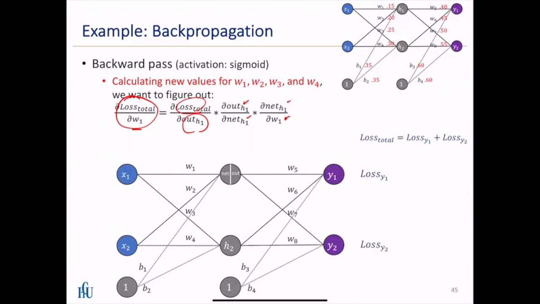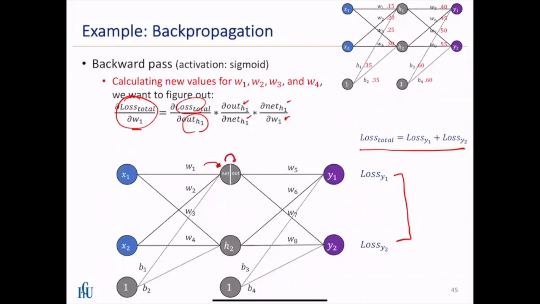The same is represented in terms of the diagram in this way. Initially we came up with the total loss, and total loss is the aggregation of these two individual errors. W1 is affecting the net input of H1.